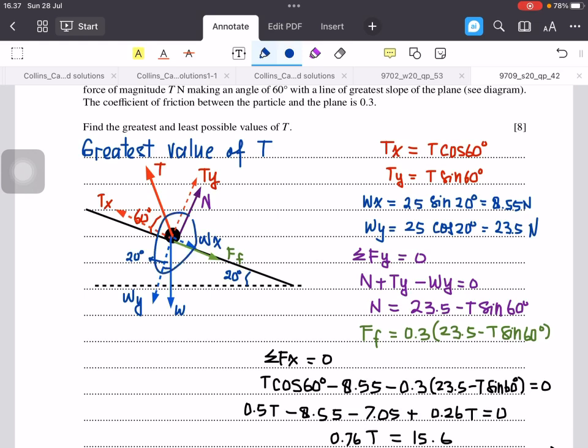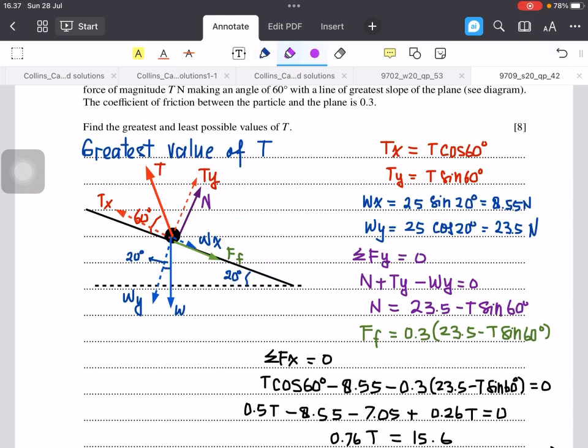Since the particle is about to move up, there is a friction force that keeps the particle in equilibrium. The direction of the friction force is down the plane, since friction always opposes the motion. So here I draw the friction force down the plane.